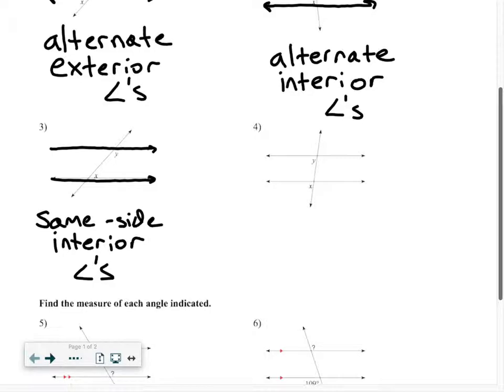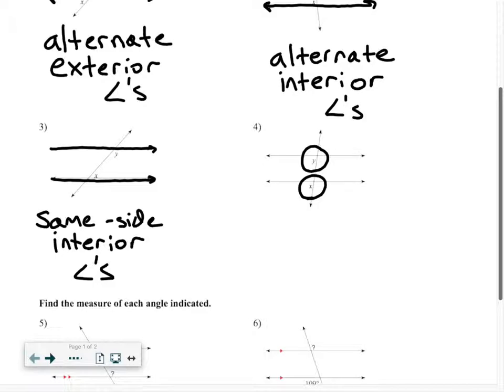Okay, lastly, here Y is an interior angle, X is an exterior angle. So they're not both interior or both exterior, so we should be looking at some other relationship between angles. If you think of this first intersection that I've circled, Y is in the bottom left, and X is in the bottom left of the second intersection.